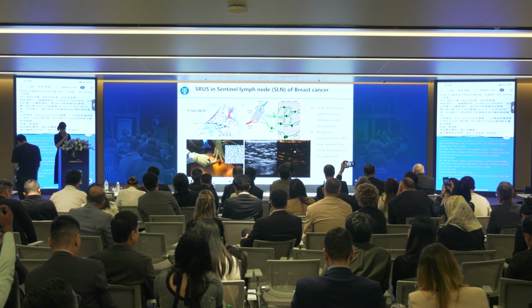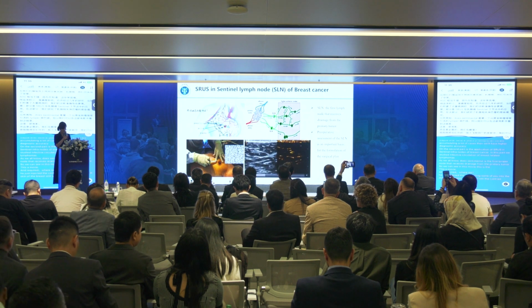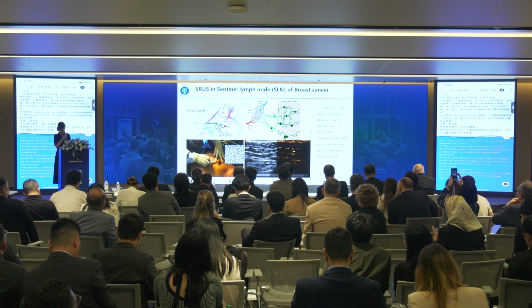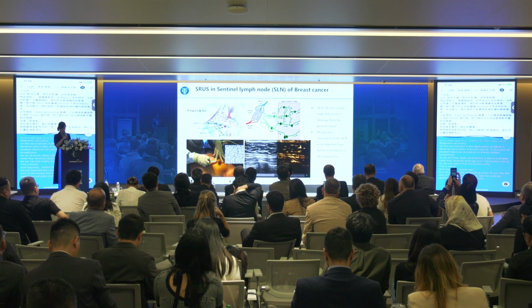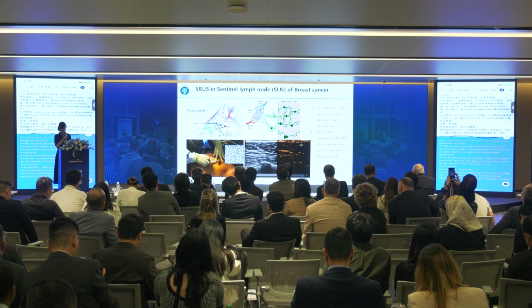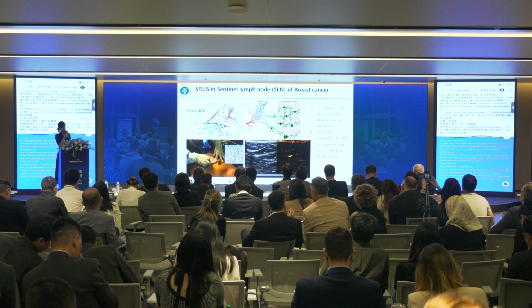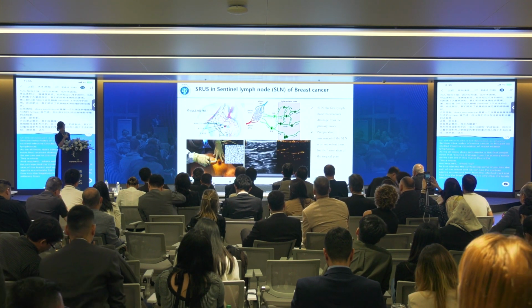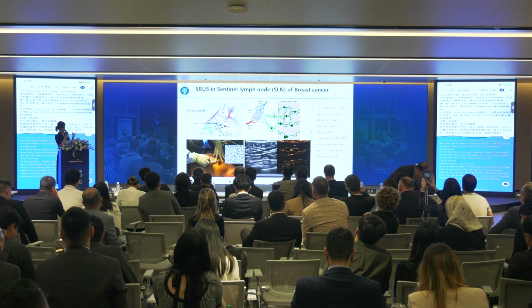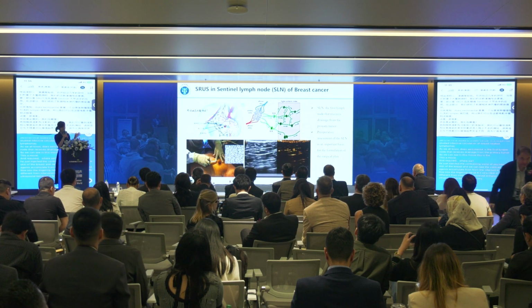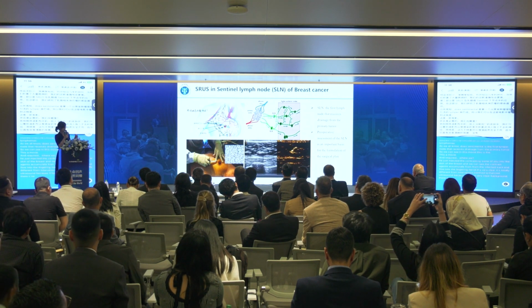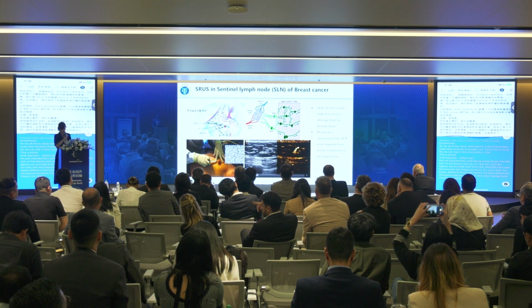We can see the contrast agents accumulated from the lymphatic tract and flow into the lymph node. It's very clear. It's totally different from intravenous contrast-enhanced ultrasound because it has a very clear background. There's nothing else to disturb your observation.